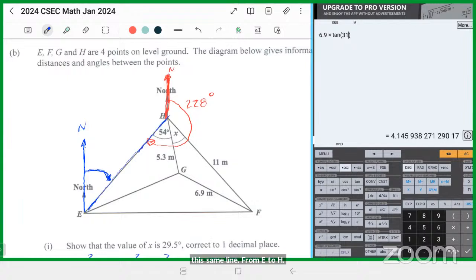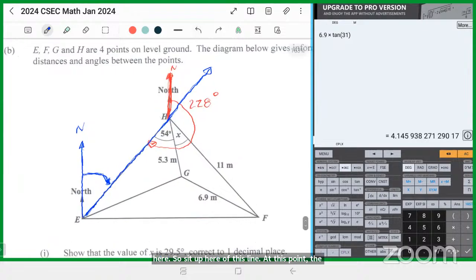I'm marking out in blue. I can take that direction and extend it. It's the same direction up here. This is the same direction as this line down here. So the bearing of this line at this point is the same bearing it is at this point up here.